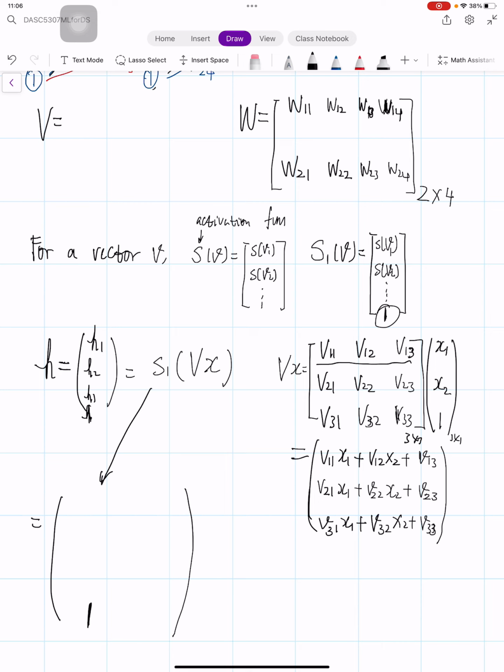So we have the sigmoid function or the ReLU function. We apply it using each feature i.